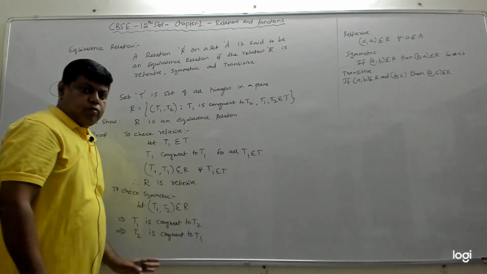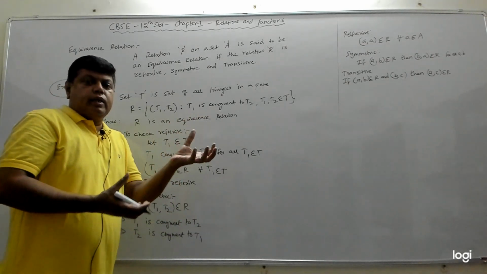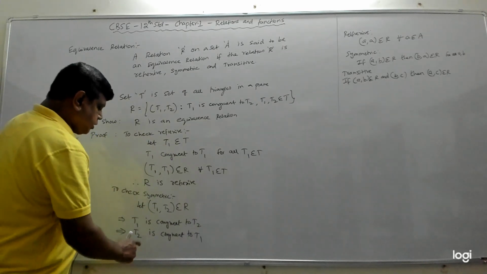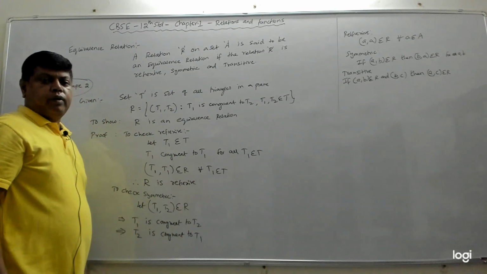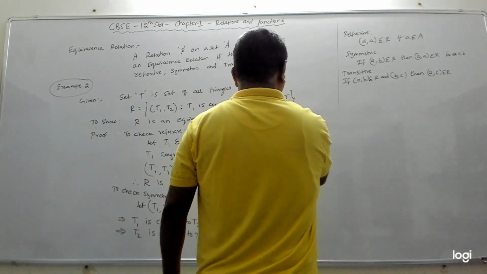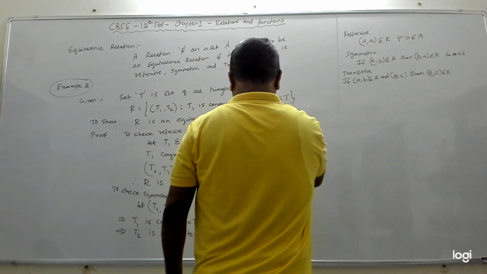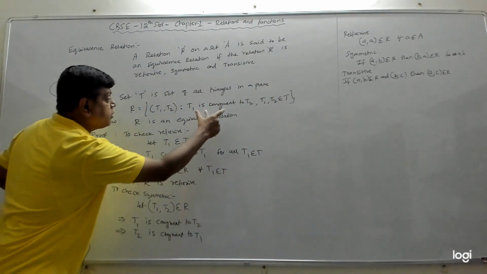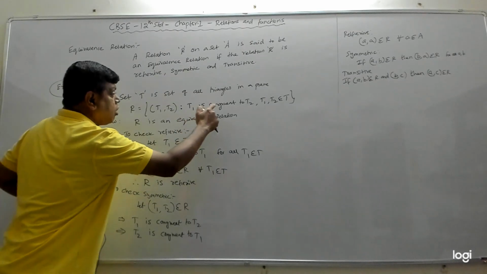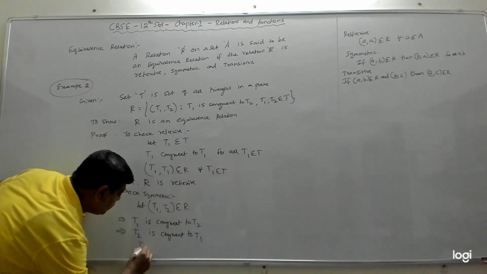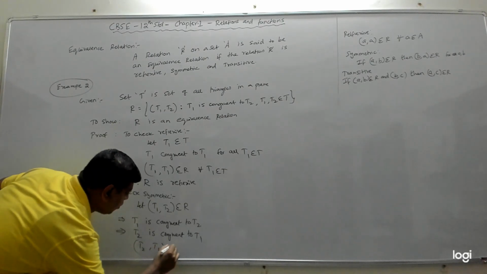Always, whenever a triangle A is congruent to triangle B, then we can say B is congruent to A. So T2 is congruent to T1, and by the definition, T2 is congruent to T1 means (T2, T1) belongs to R.